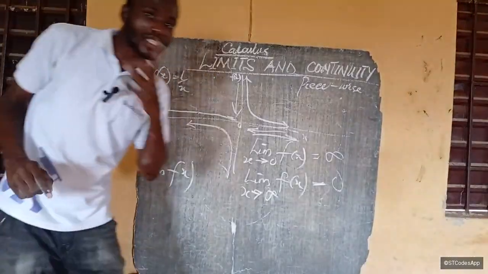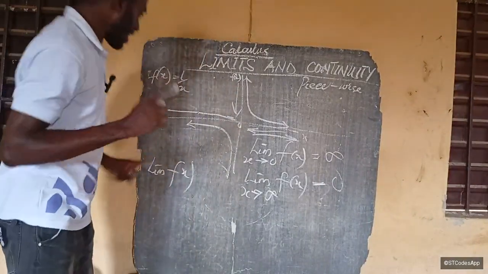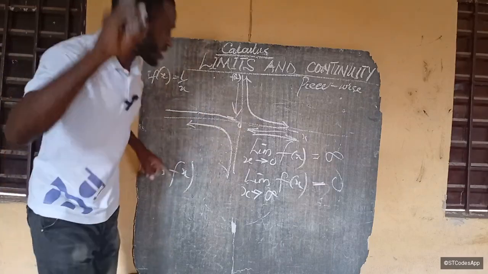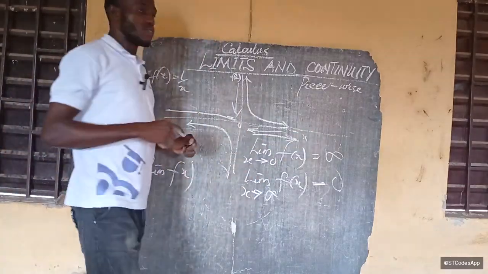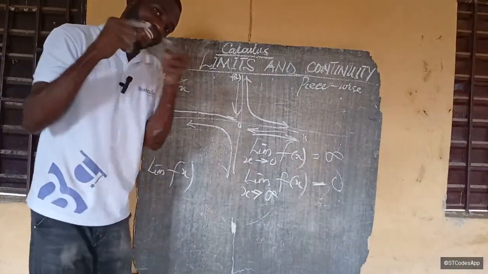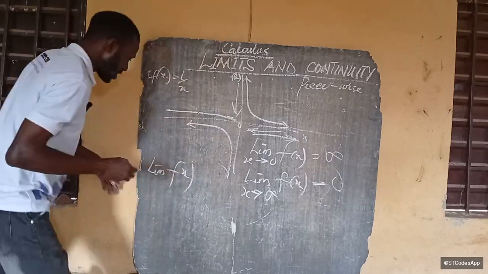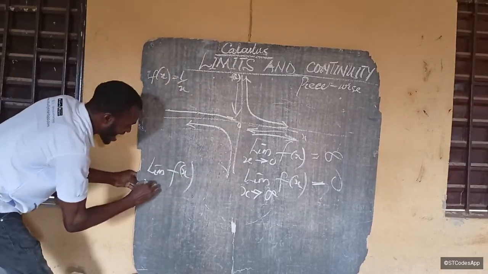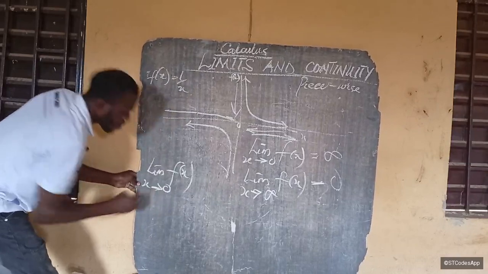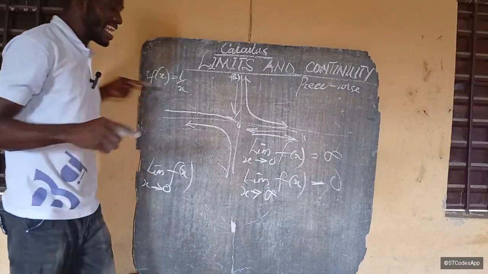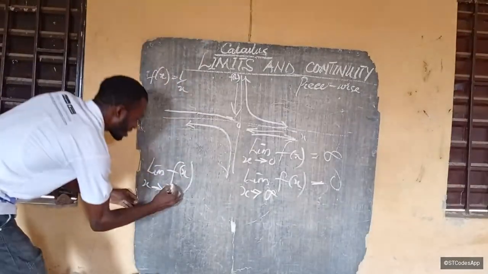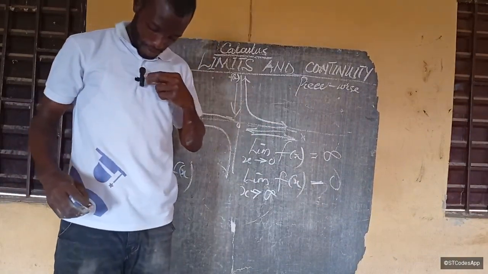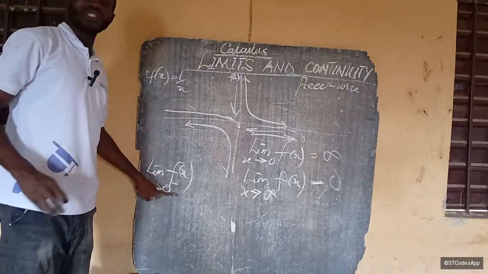Now, there are two things here. You're going to see that x is approaching 0 here too, right? X is approaching 0 here. The same way here, we said x was approaching 0 here. So there are two sides from which x can approach 0, right? In this case, we say that the limit of our function as x approaches 0 from, this is the left-hand side, we use negative to signify the left-hand side.